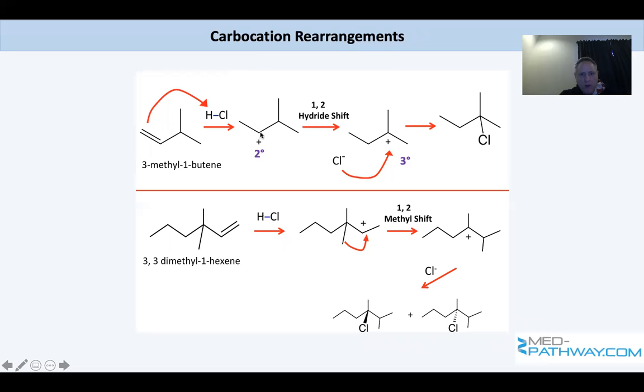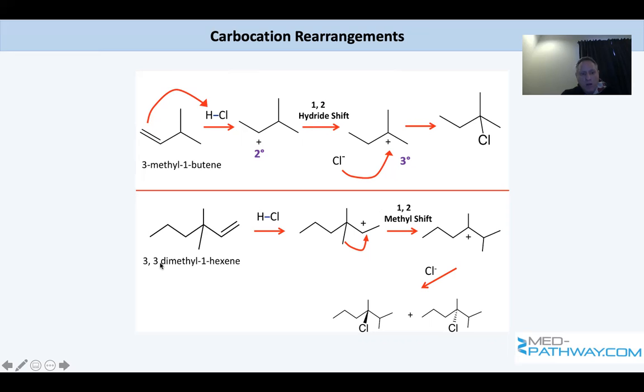But the secondary can be converted into a tertiary by pulling off a hydrogen and putting it over here in a 1,2 hydride shift. Then the chloride attacks the tertiary carbocation here. Notice there's no stereochemistry in the product, because this carbon is bound to a methyl here and a methyl there. So although it's sp3 hybridized, it's not bound to four different substituent groups. There are no stereochemical considerations, but there could be.